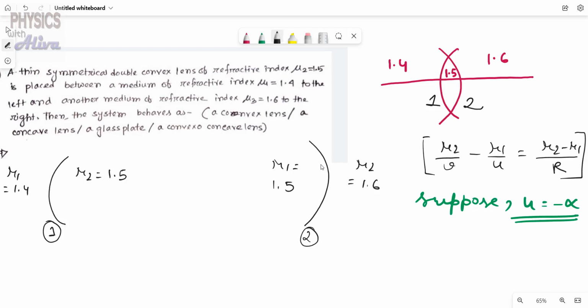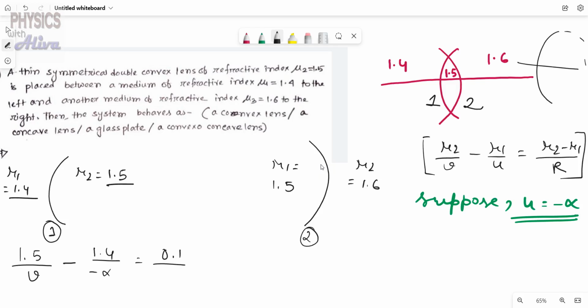So for the first surface, mu2 is 1.5, mu1 is 1.4, u is minus infinity, and mu2 minus mu1 is 1.5 minus 1.4, that is 0.1, divided by r. You can see for this surface the r is positive. How am I telling this? Because if we draw the complete sphere, the radius will be like this.